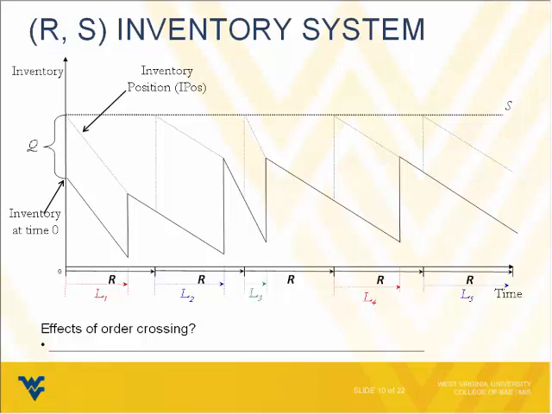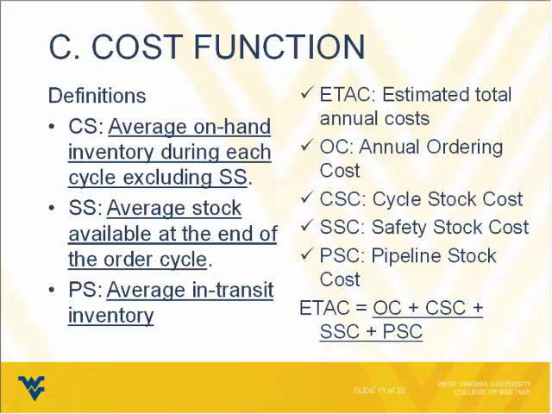Okay, so let's switch gears a little bit and do some modeling now with some of the insights that we've gained from looking at these models. The first thing we have to do is identify our decision variables. Our decision variables are how much to order and when to order, right? We're all clear about that.